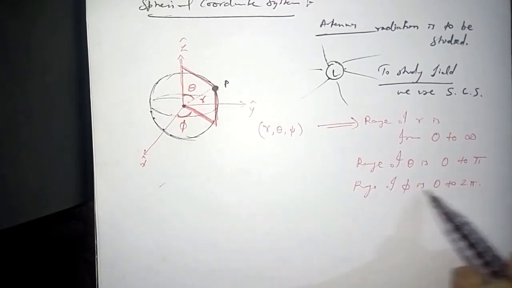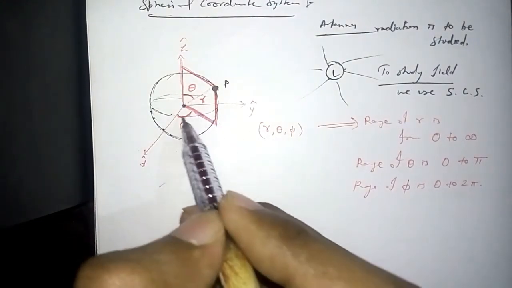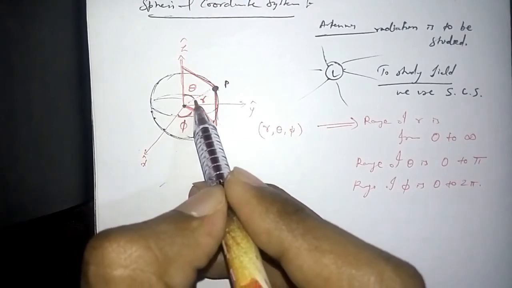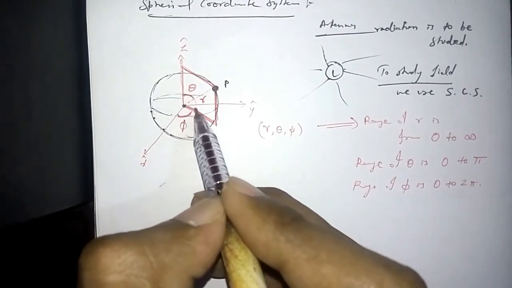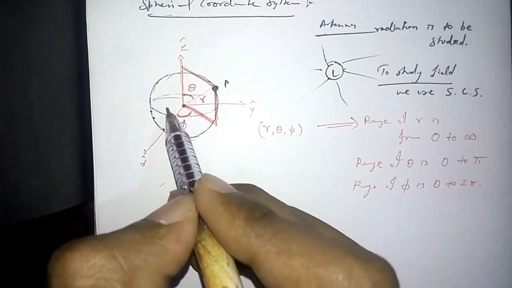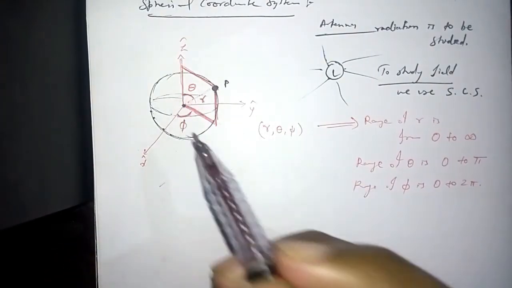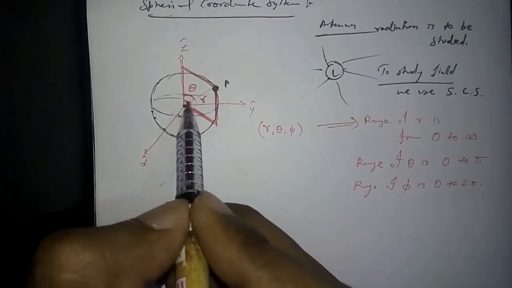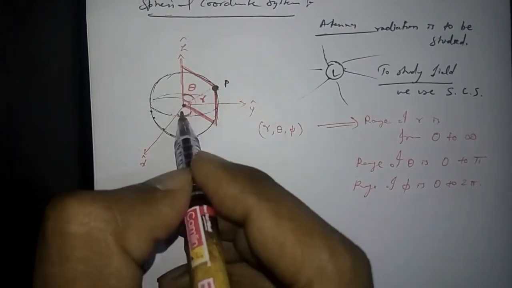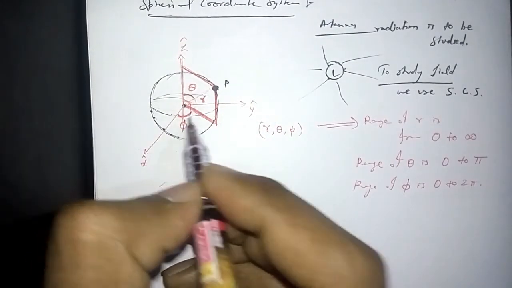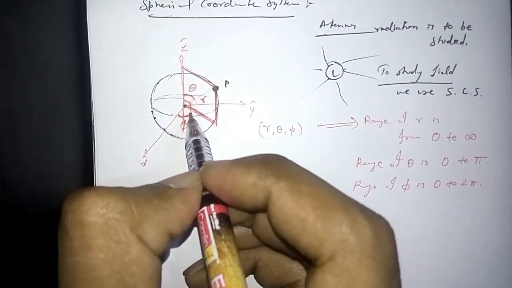Range of phi is 0 to 2 pi because this phi can move a whole circle, along 2 pi radian or 360 degree, and theta has freedom of 180 degree only, from z to minus z.